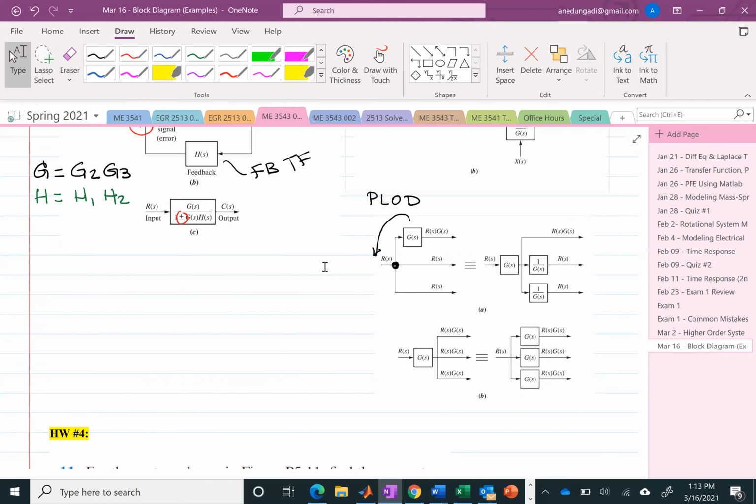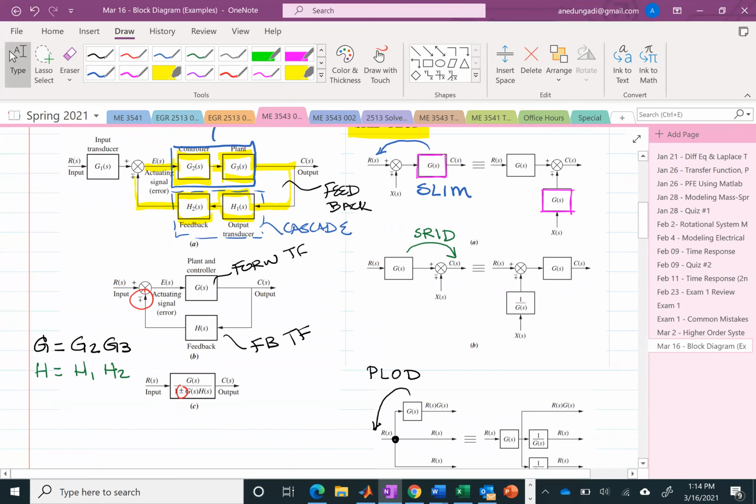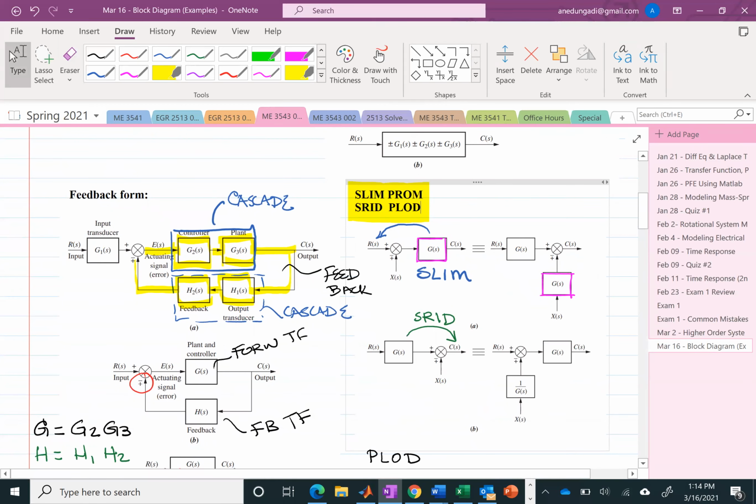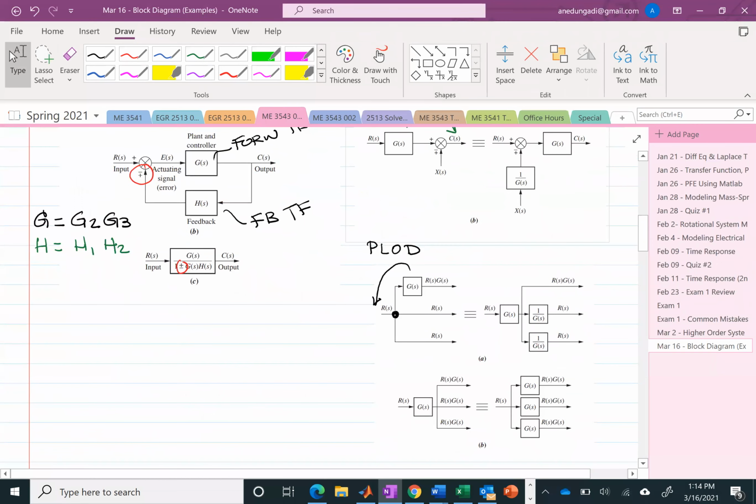So if I move this block, shouldn't one of those be PLOD? Yes, is that what you meant, Tony? PROM and SRID and PLOD. Okay, so moving this transfer function to the left of this pickoff, that means the output of the pickoff has to be divided by what I moved, right? So this is the output and this is the output.